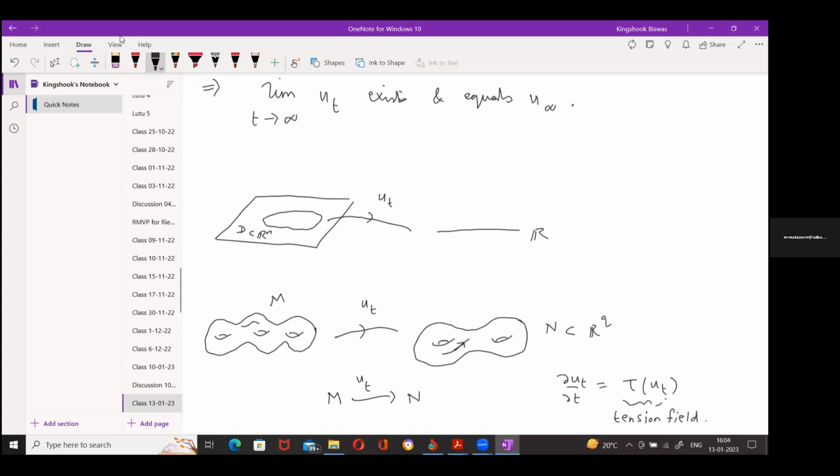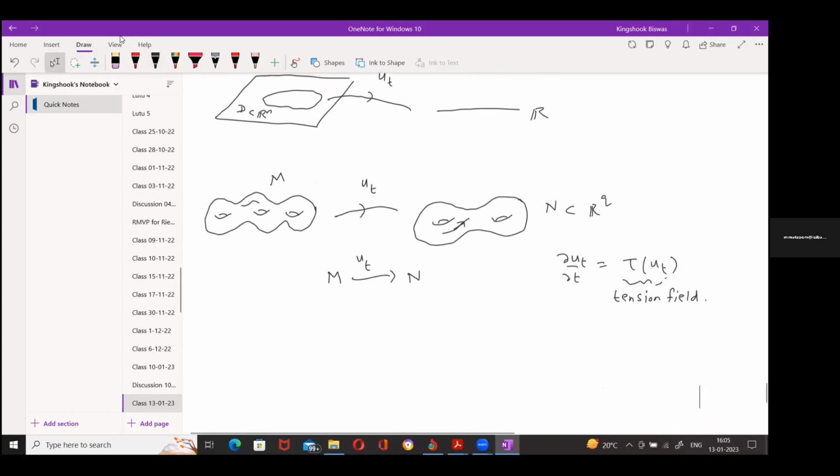And then the main theorem that one shows is that if this target manifold has what's called non-positive sectional curvature, and we'll define all these terms along the way, then these maps u_t will converge to a map u_infinity from M to N, which will be what's called a harmonic map.